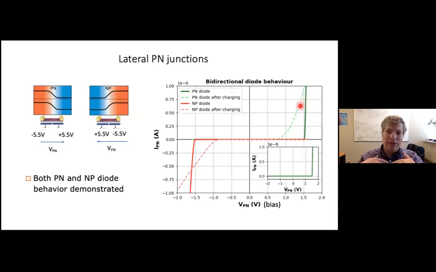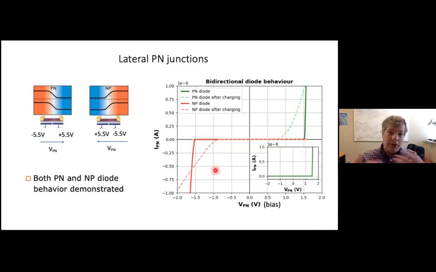However, the dashed green curve here is what we get on subsequent traces. We attribute that to a change in state of the device, probably due to charge accumulation somewhere in the device. This is something that we're still working to understand. We don't fully understand it.